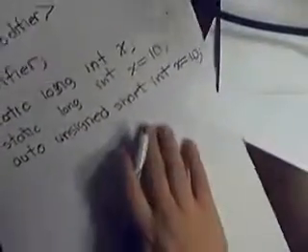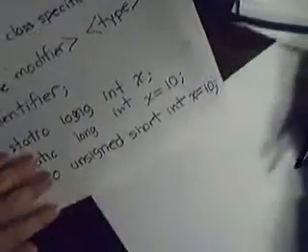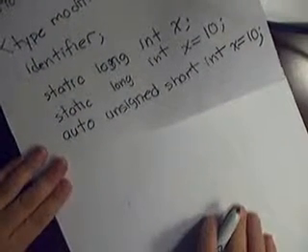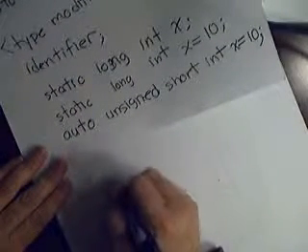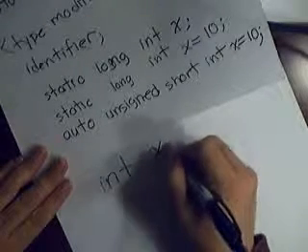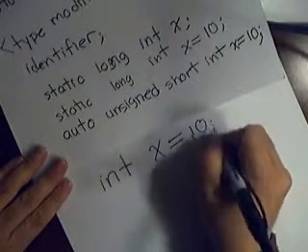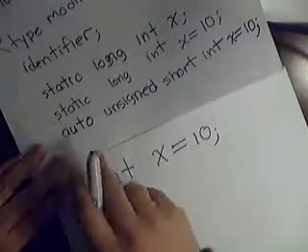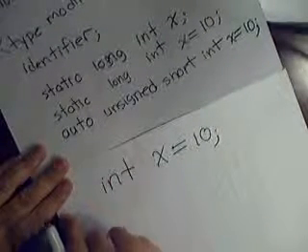let me clean up a little bit here. So if I was just going to say int x equal to 10, what does this imply? I don't have anything about auto or static or long or short.